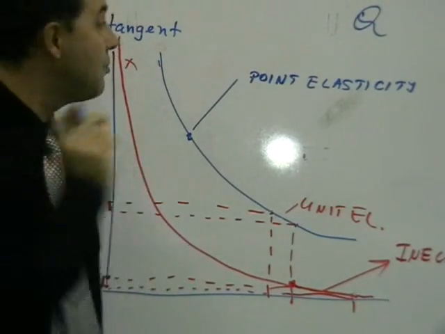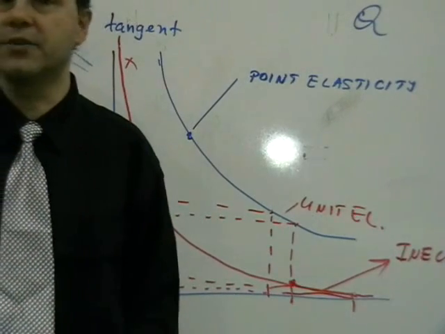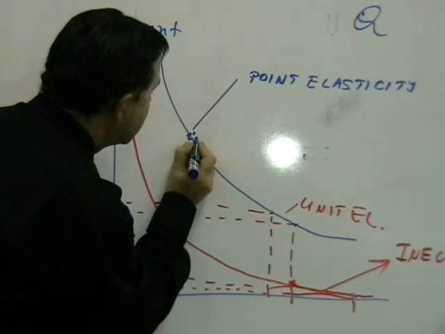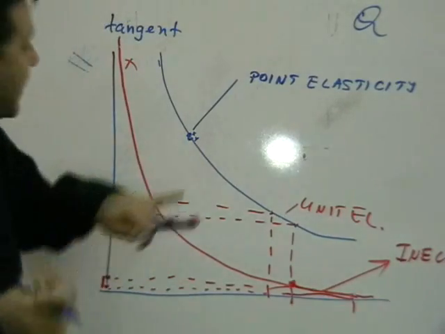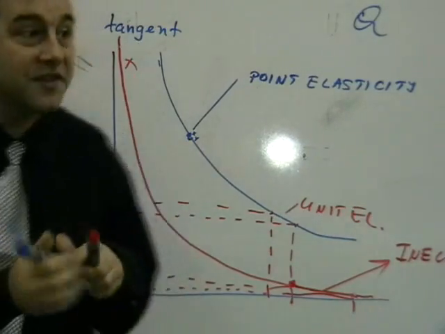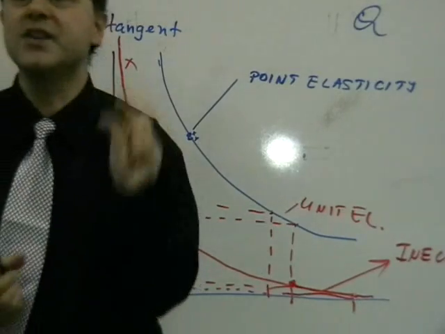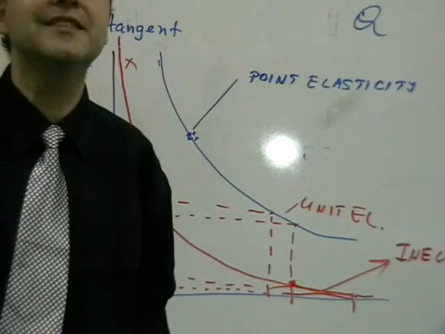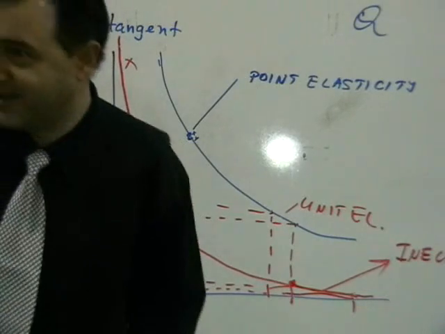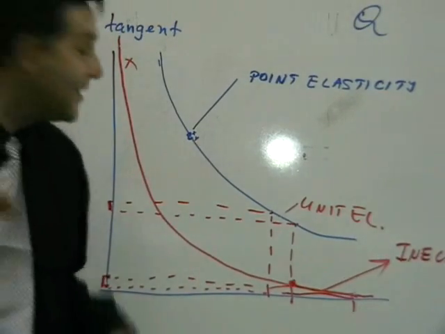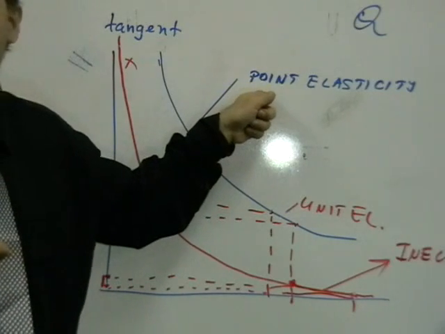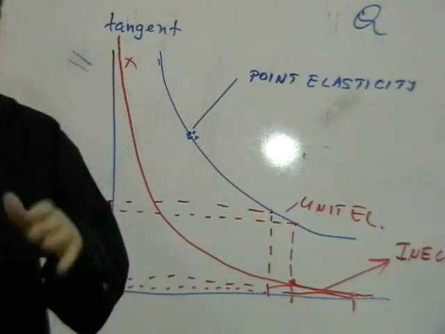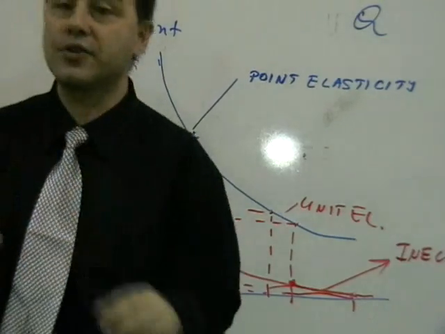Okay? So, you compute it from point X to point Y, and I make them super tiny because I want the distance between X and Y to be small. In mathematics, we call it infinitesimal. Infinitely small, all right? So, that's how you compute the point elasticity. Well, you use in mathematics derivatives and all the tools of calculus.